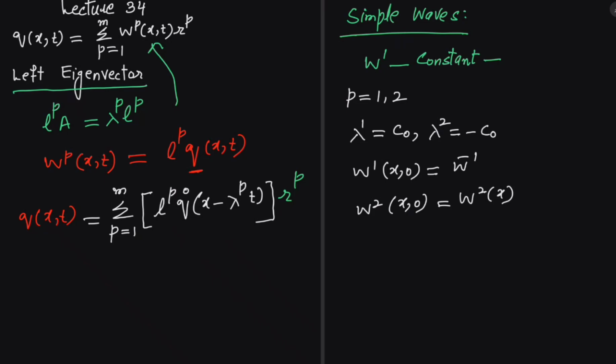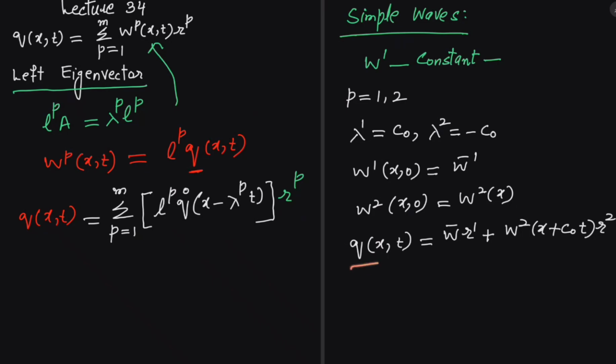It varies with x. Then the solution will be equal to q(x,t), from our previous definition, w_1 r_1 + w_2(x + c_0 t) r_2.